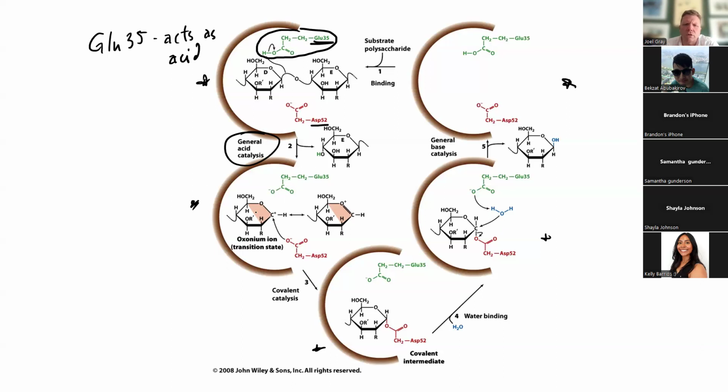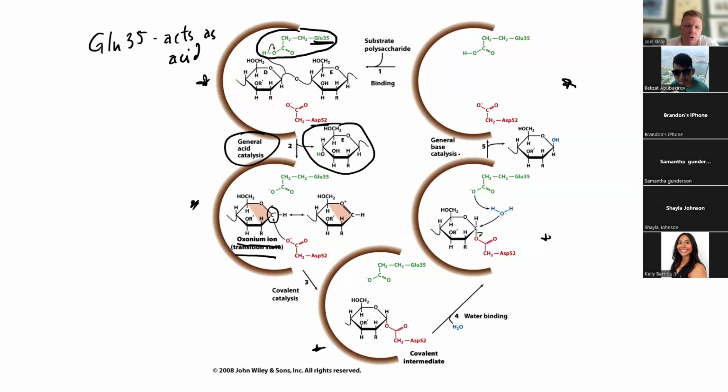It's got a negative charge. Now, when it donates that, our glycosidic linkage is broken. And so our sugar or our polysaccharide is basically released. Now, we immediately have an intermediate, the oxonium ion. This is a transition state intermediate. And lo and behold, we have a carbocation.